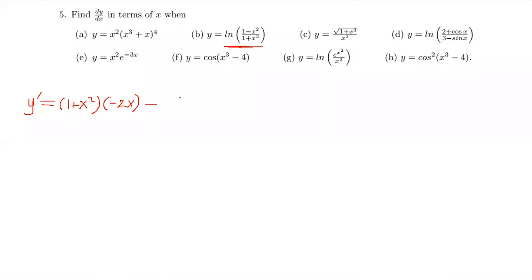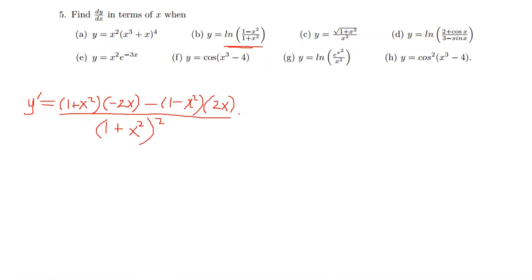And then we say minus u, you write your u as 1 minus x squared, and then your v prime there, you differentiate the denominator there, you get your answer to be 2x, and then divide everything by the denominator squared, which is v squared. So 1 plus x squared, and then divide everything by that v squared.